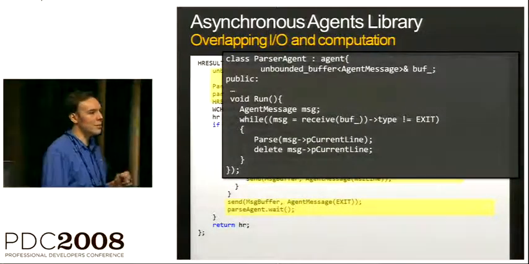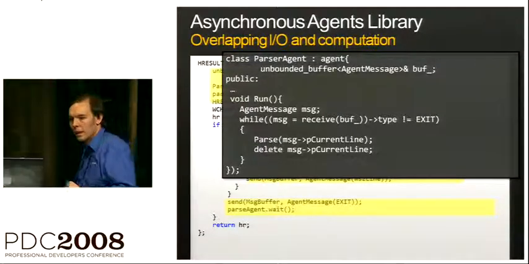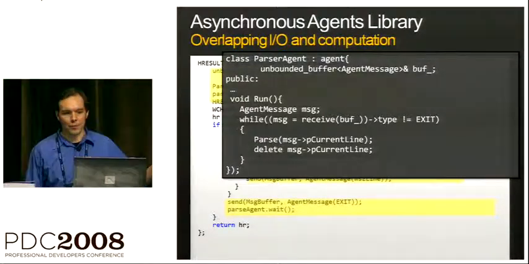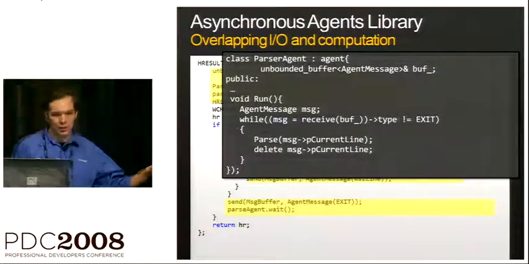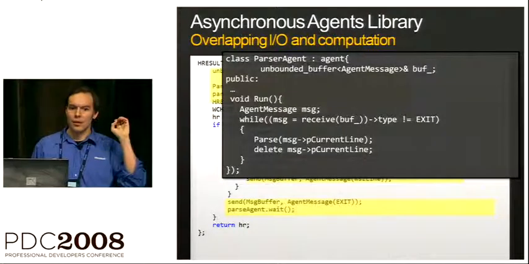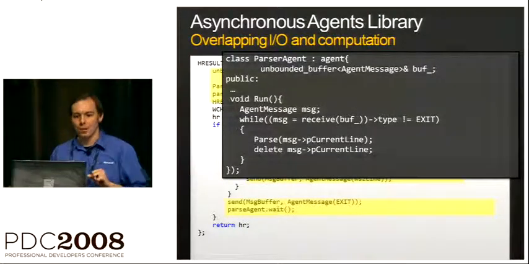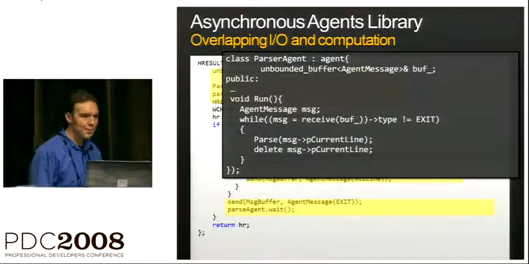So here's the agent. It's a new class derived from agent. Internally, it's got a reference to an unbounded buffer, which I don't show here, but I'm assigning it in the constructor. And then I have this run method, which gets called asynchronously when you start. It's just going to do a blocking receive on the message buffer.